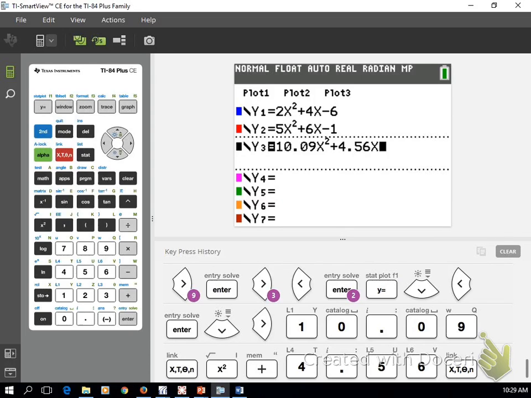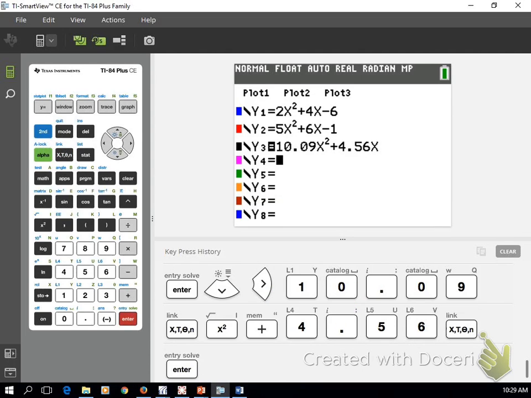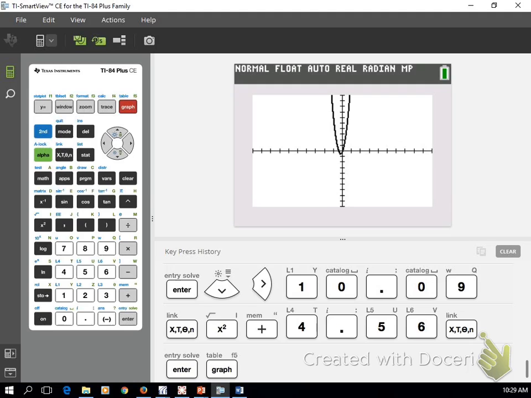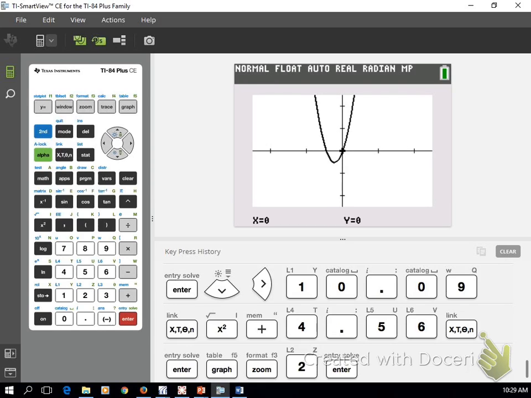By the time you're done getting that equal to 0, hit enter. Graph. That's a little bit tougher to see, so I'm just going to zoom in. And we'll zoom in right there. That's better. All right, a little bit easier to see.